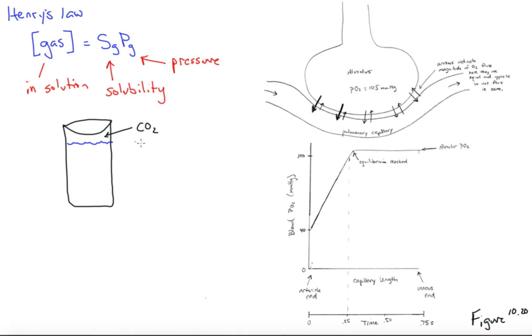So we use pure carbon dioxide, and we're going to have it in here at what's called 4 atmospheres, which is the same thing as saying 4 times atmospheric pressure. Units are written as ATM.